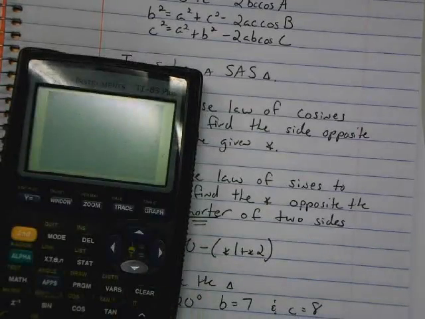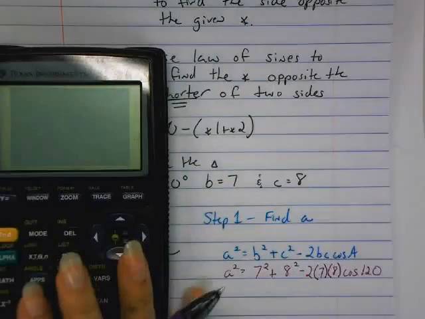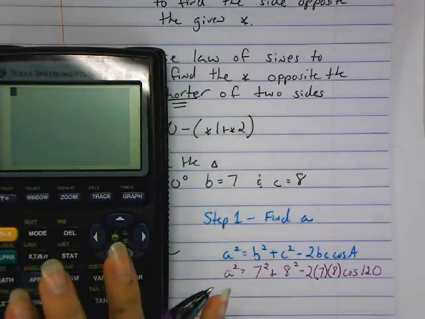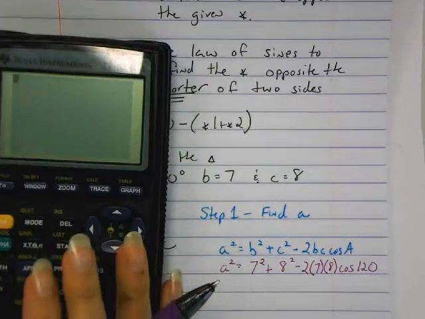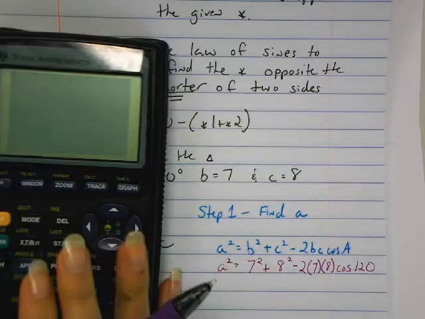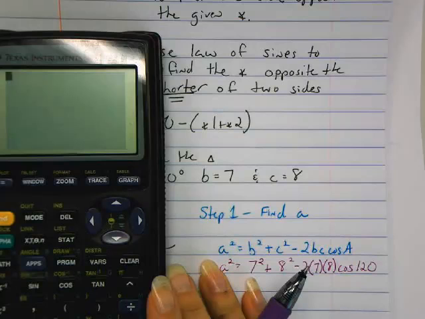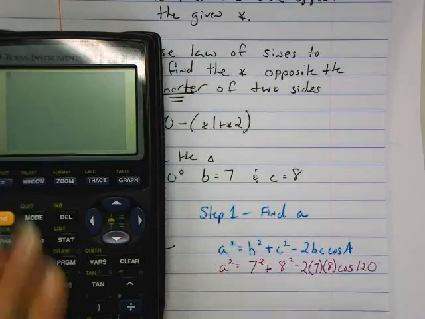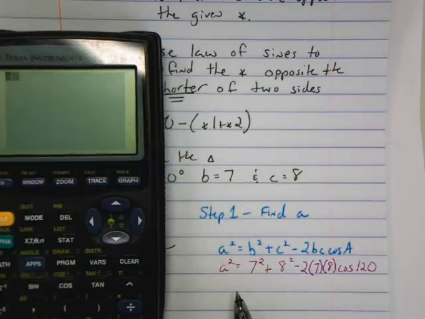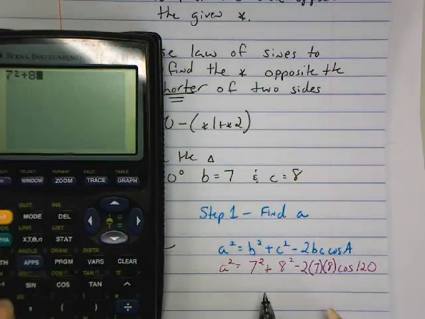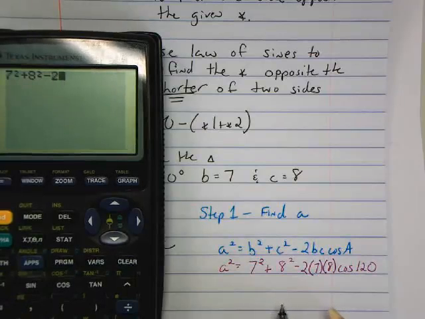I'm just going to type it all in one fell swoop, and I get 169. So a squared is equal to 169. Take the square root, and I get a is equal to plus or minus 13. But since I'm talking about a length, I'm just going to say a equals 13. Okay, so that's step 1.